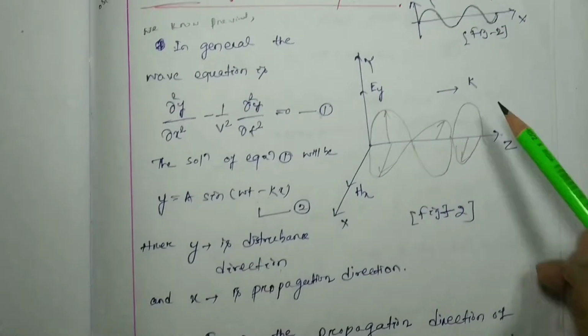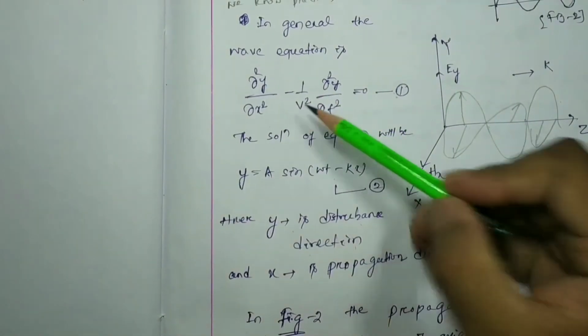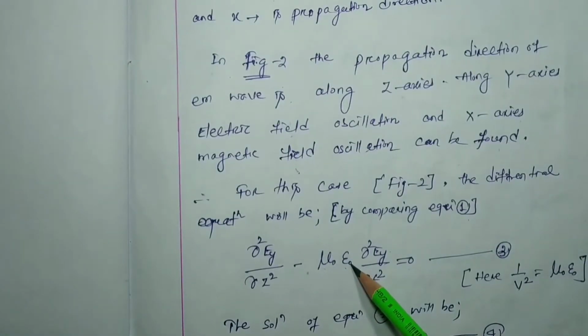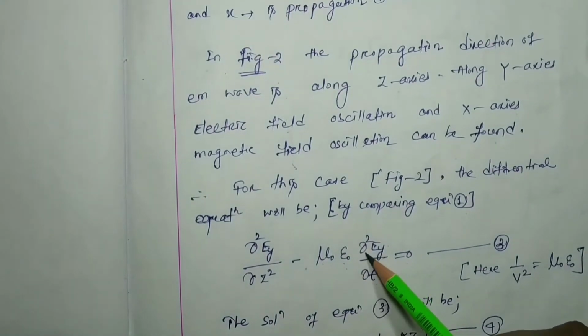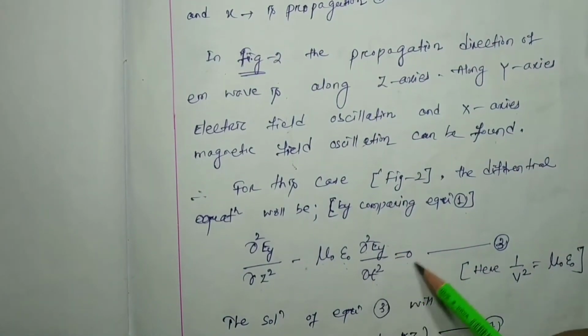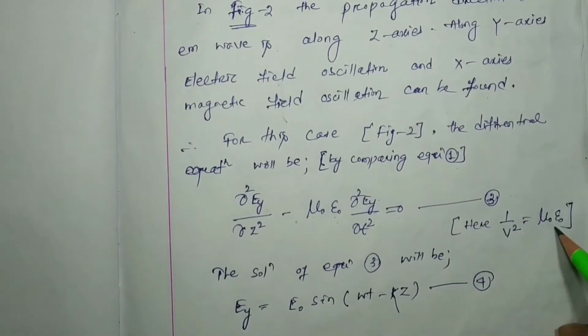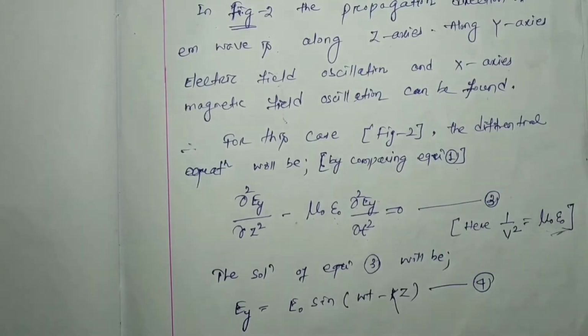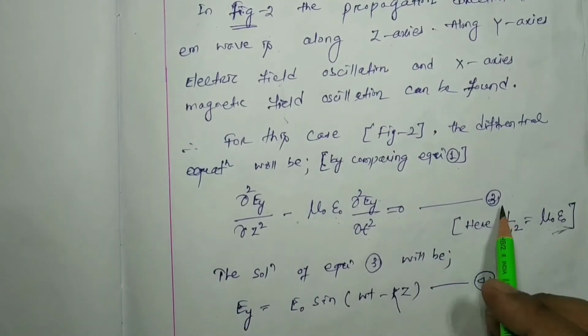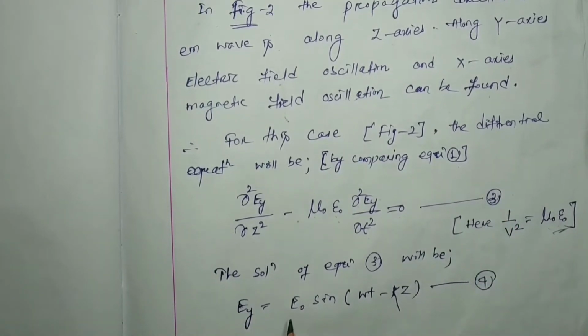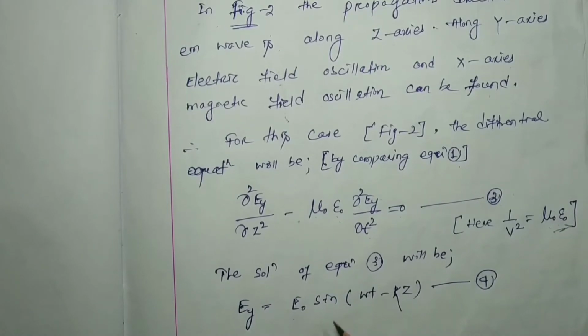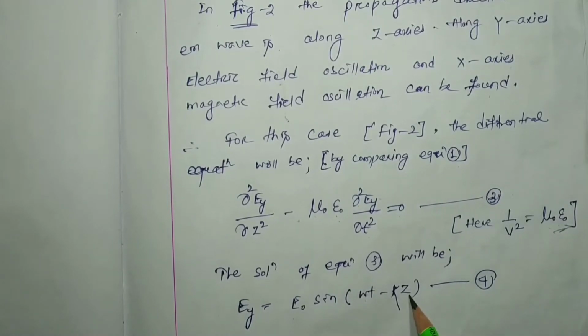In free space, 1 by v square is nothing but mu 0 epsilon 0. Let this be equation number 3. The solution of equation number 3 can be written as E0 sine of omega t minus kz, right?